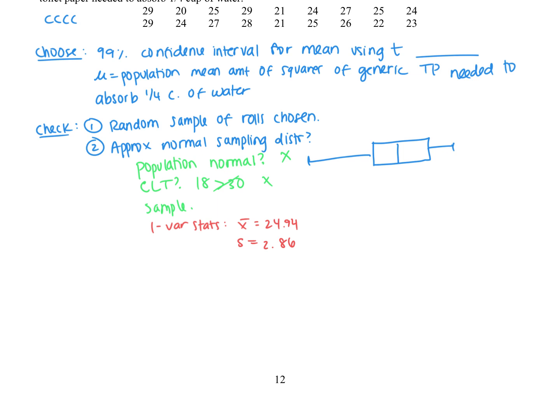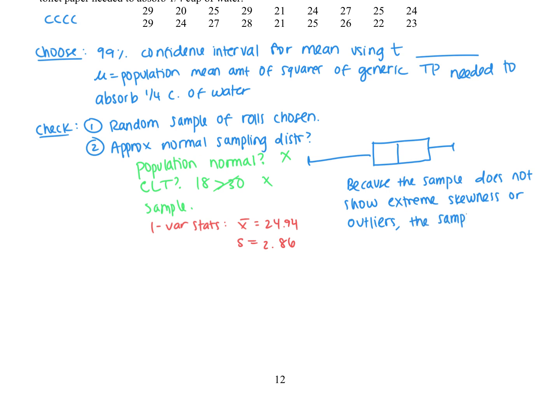So my expectation is that you draw the graph, and then you will write out, because the sample does not show extreme skewness or outliers, the sampling distribution is approximately normal.